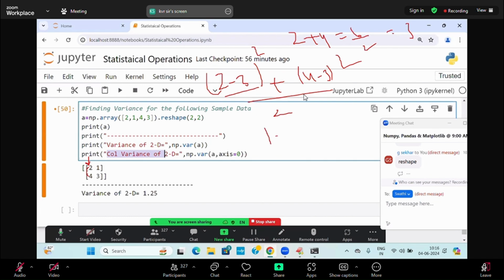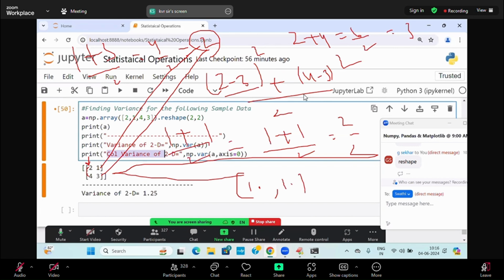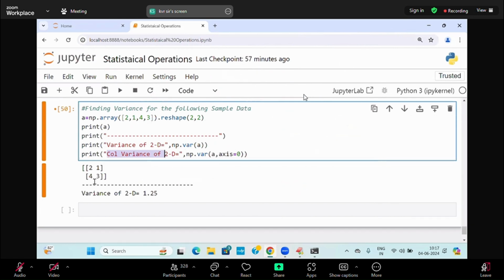Minus 1 whole square is 1, and 4 minus 3 is also 1 square, so 1 by 2, 2 by 2 is 1. So I will write 1, comma, 1 and 3. 1 plus 3 by 2, 4 by 2 is 2; 2 is the mean. 1 minus 2 whole square is 1, 3 minus 2 whole square is 1, by 2. What is the answer? 1, 1 is the column variance. Are you getting it?